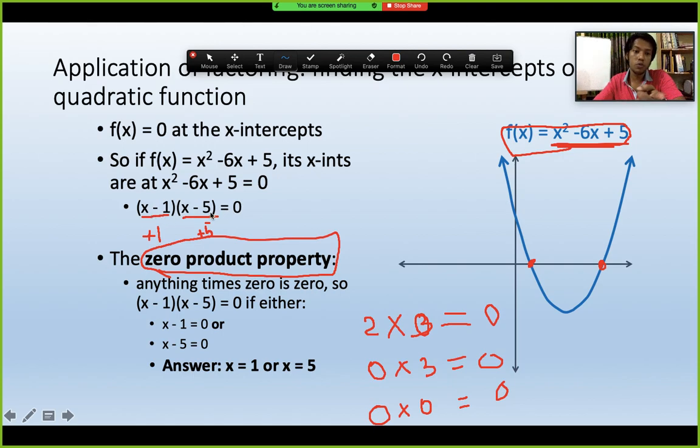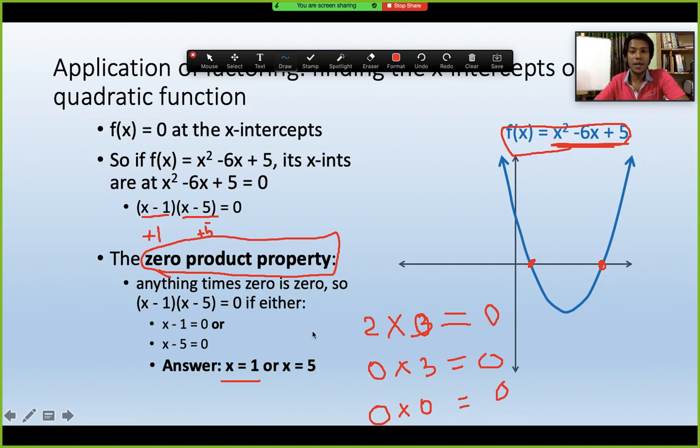Any one of these two terms must be 0, or both of them are 0. We do not know. That is why we consider, maybe x minus 1 is 0. If x minus 1 is 0, then 1 goes to the other side and we get x equal to 1. Or maybe x minus 5 equals 0, then x equals 5.